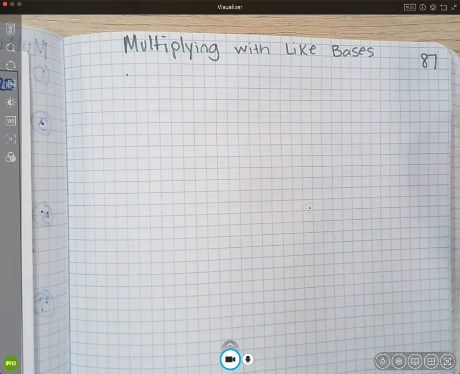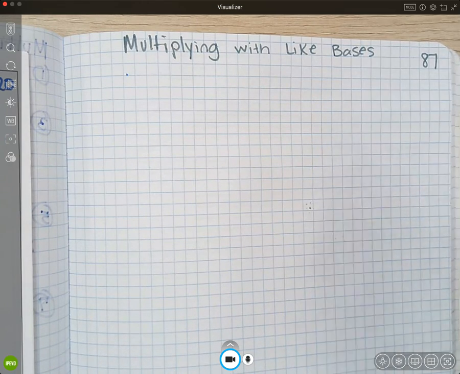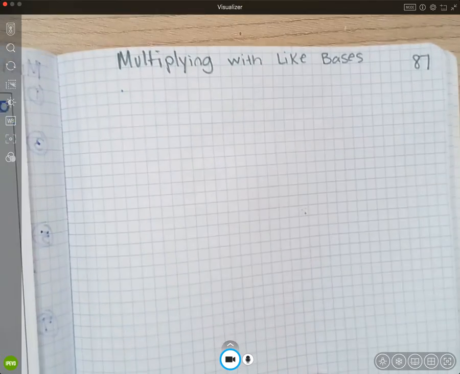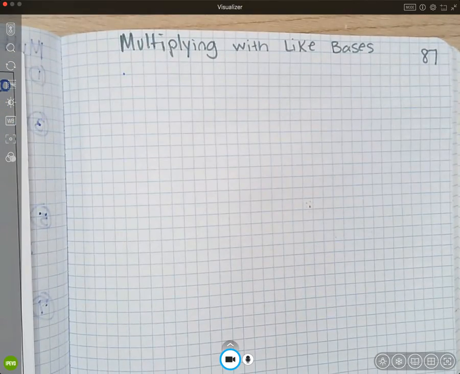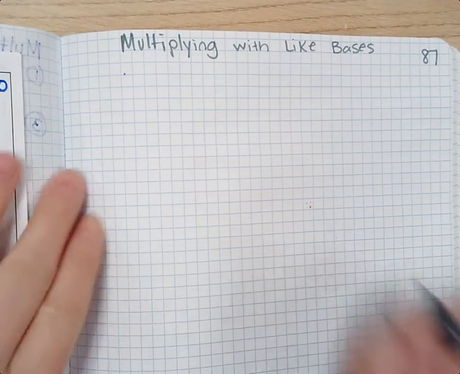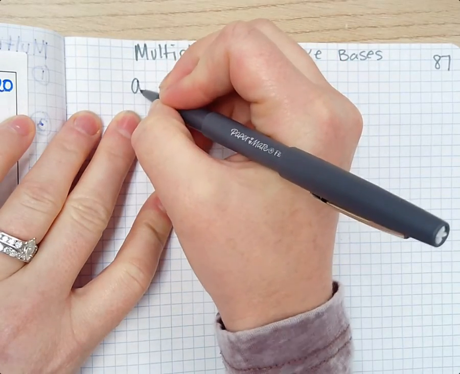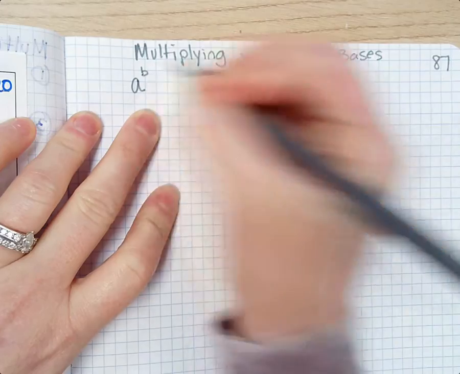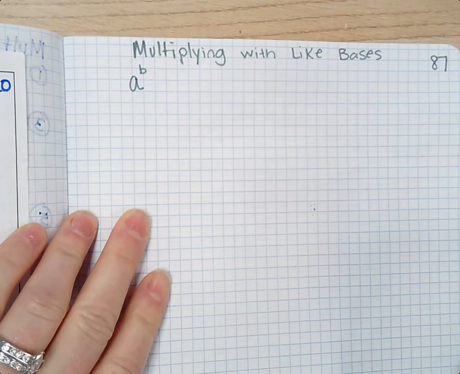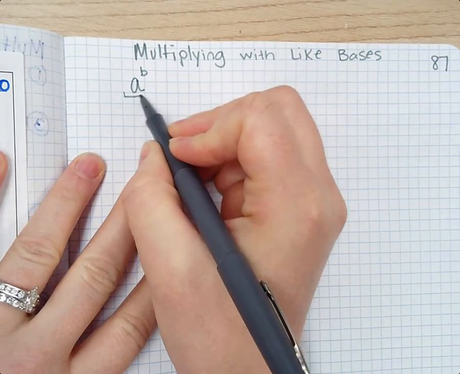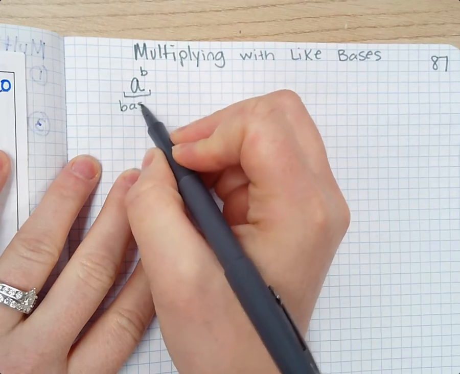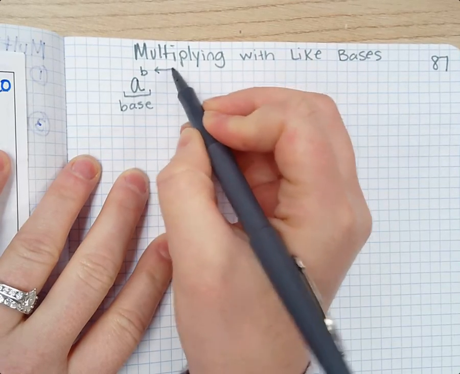So we're going to continue talking about exponents and do some multiplying with like bases. Let's just recall what an exponent is. If I have a to the b power, then a is my base and b is my exponent.